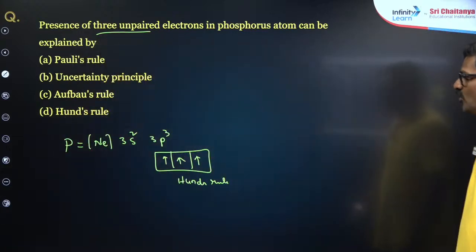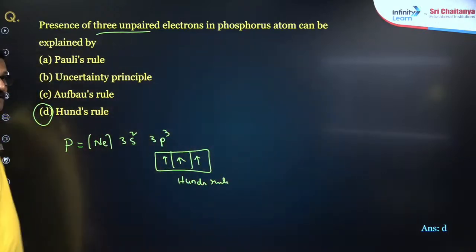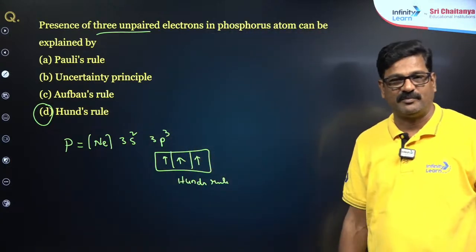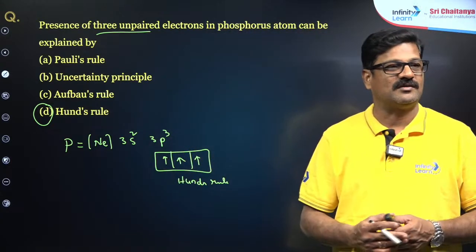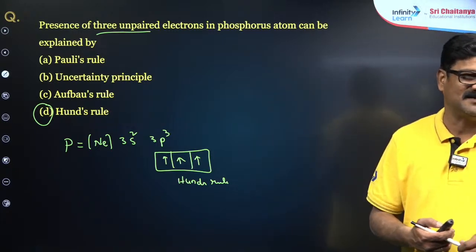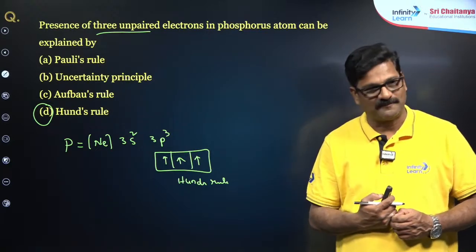Yes. Now it is going to be Hund's rule. Pairing cannot take place unless the degenerate orbitals are filled with at least one electron with a parallel spin. That is called Hund's rule of maximum multiplicity. This is the rule.